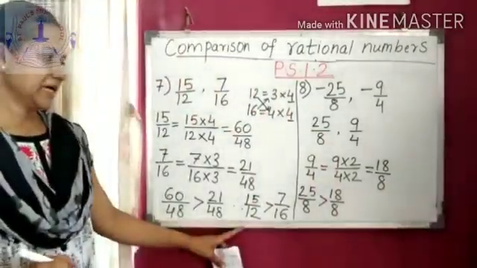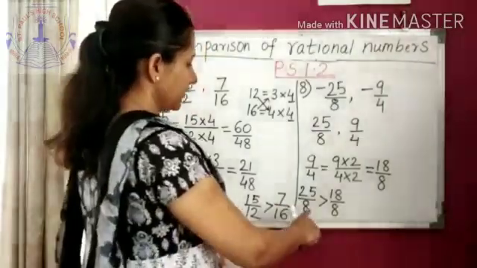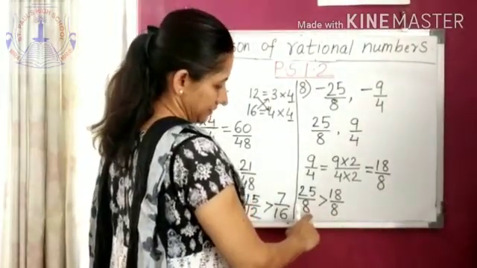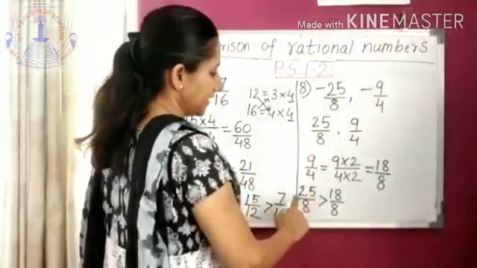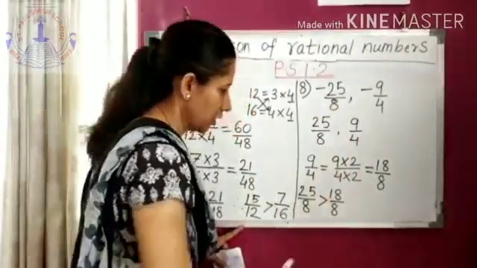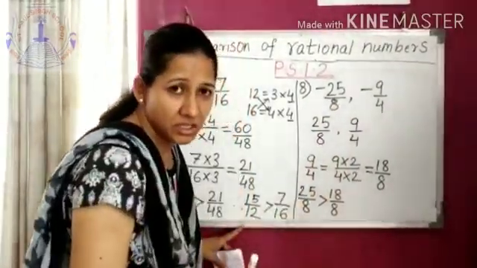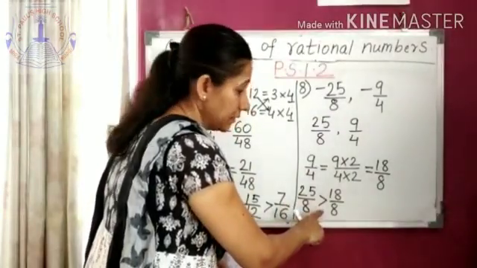But students, I already told you all, if this fraction is greater, then for the actual fractions, which we had converted from negative into positive, the negative fractions will be in a reversed way. We have to write this sign in a reverse manner.